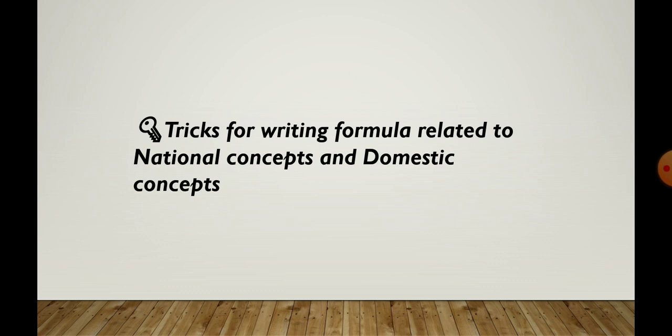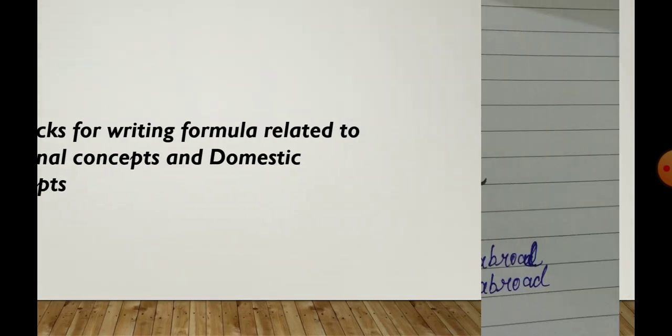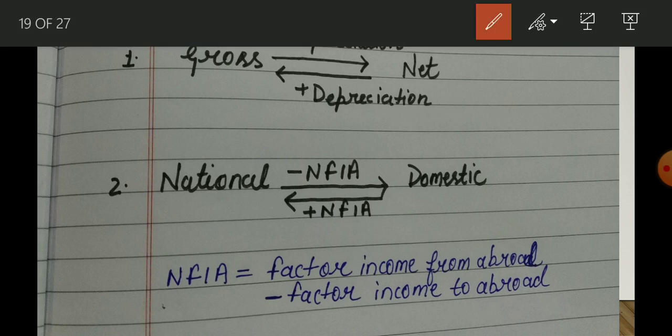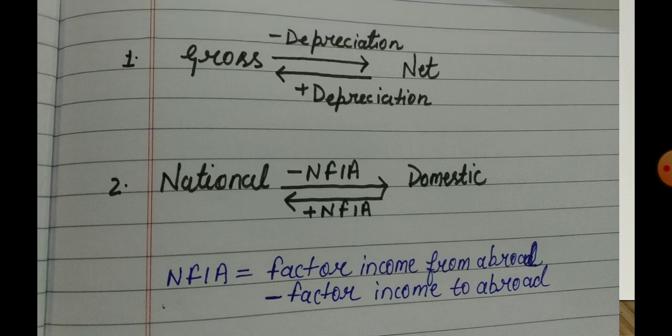Now, tricks for writing formulas related to the national concept and domestic concept. Let me start. Here you can see, if gross is given and you have to calculate net, then you have to subtract depreciation.